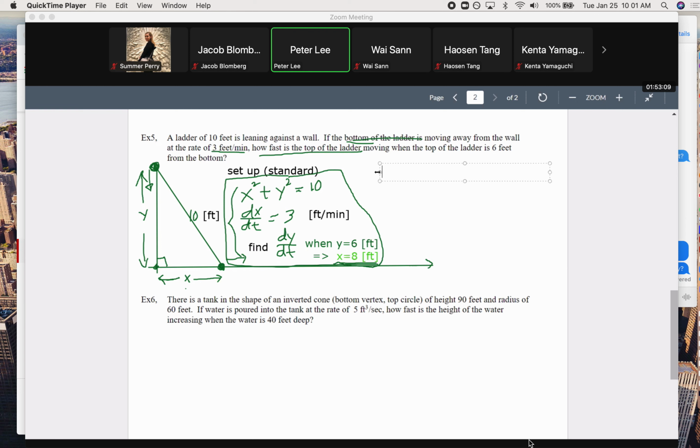How do we solve this here? We go back to green. What do we get? Now we take the derivative of both sides with respect to t. So we get 2x dx/dt, then plus 2y dy/dt, equals 0.